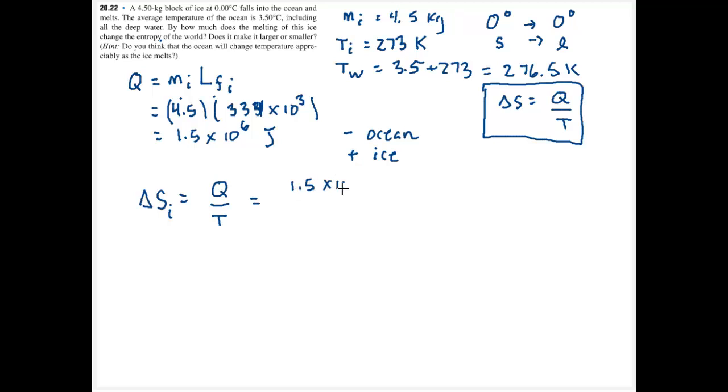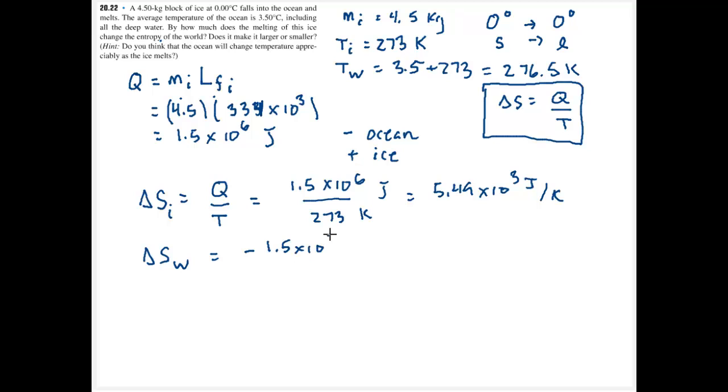So 1.5 times 10 to the 6 joules divided by 273 degrees Kelvin, and we're going to get 5.49 times 10 to the 3rd joules per Kelvin. That's the entropy of the ice. The entropy of the ocean water is going to be negative 1.5 times 10 to the 6 joules. The ocean is operating at 276.5 degrees Kelvin, so that's going to be negative 5.42 times 10 to the 3rd joules per Kelvin.